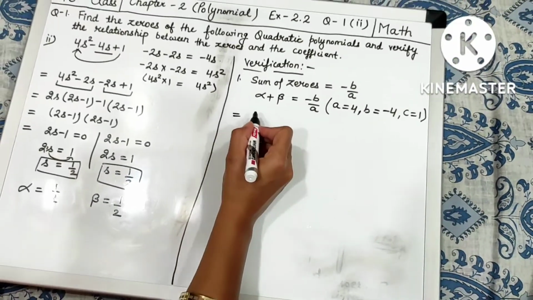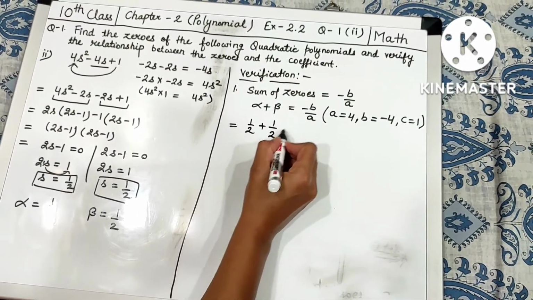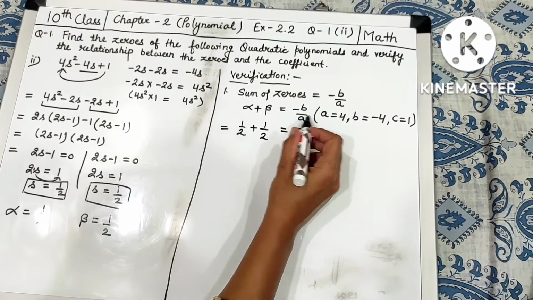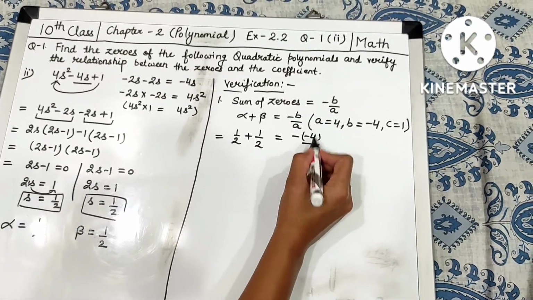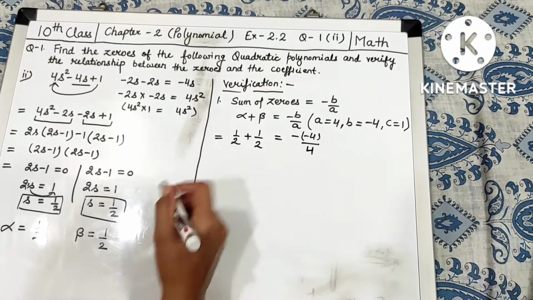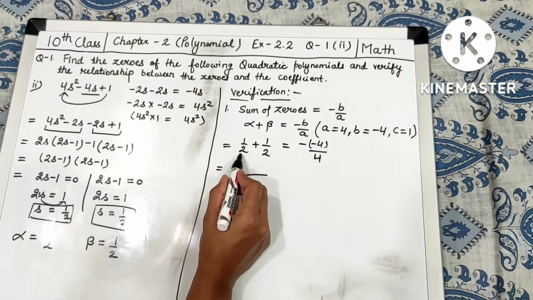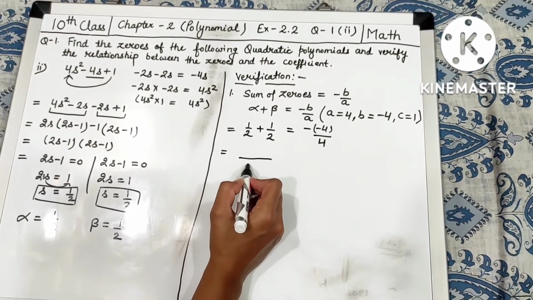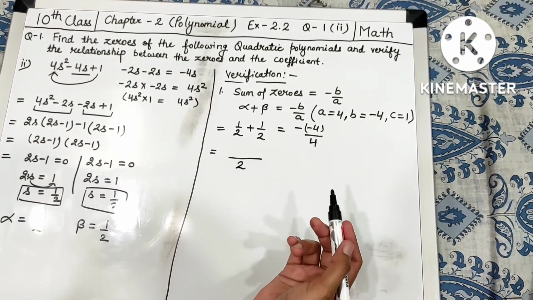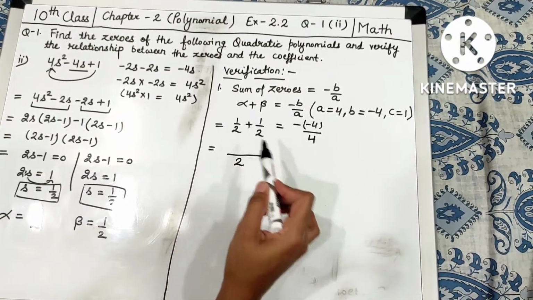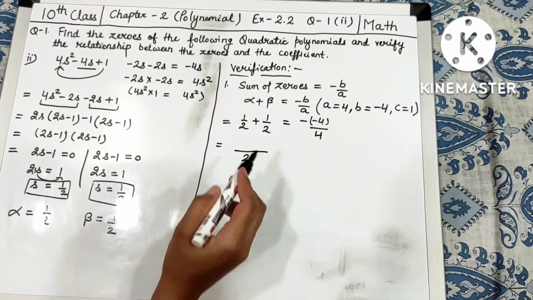Now we will write alpha is 1 by 2 plus beta also 1 by 2 is equal to minus b, minus 4, by a, a is also 4. Now we will add. If we take LCM of 2 and 2, then we will get LCM as 2. And you can also understand it like that. If the denominator is the same, then you can write the denominator one time only, 2.